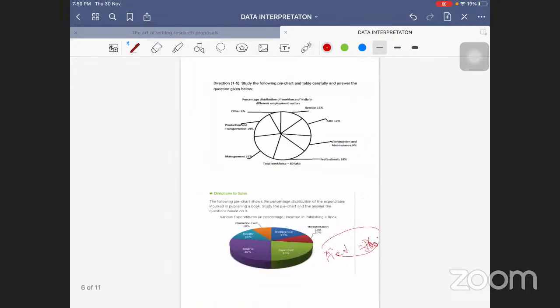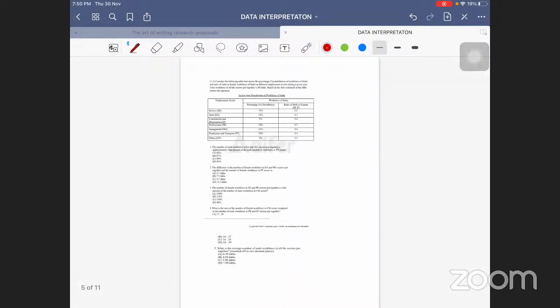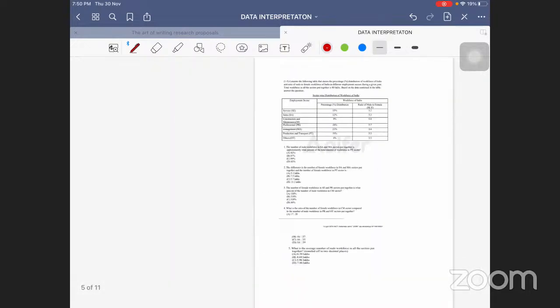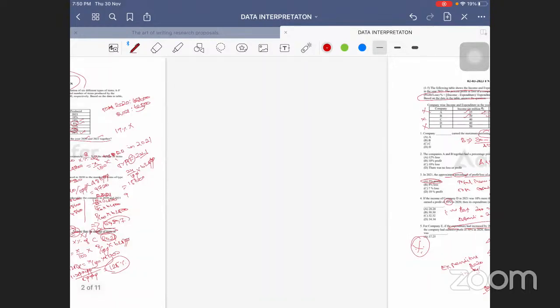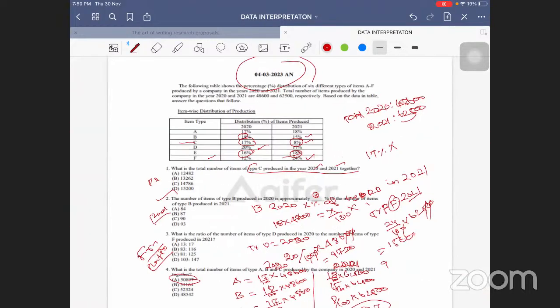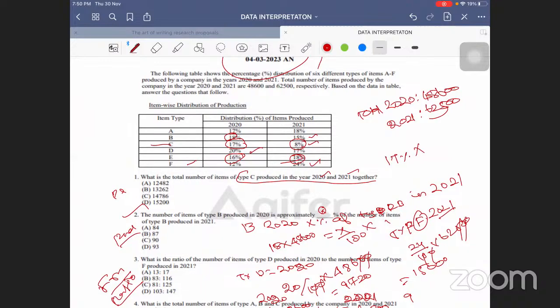For data interpretation, first be clear what kind of data they have given. Is it missing data, a bar chart or a tabular column? One or two times you should read the tabular column and see what data they have given. See, in the first sum they gave expenditure of 48,000, 62,000, this kind of data.